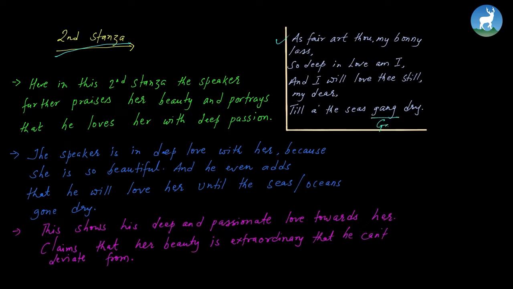Gang means go in Scottish. Thou over here means you. Bonny means beautiful, lass means young girl, till means until.